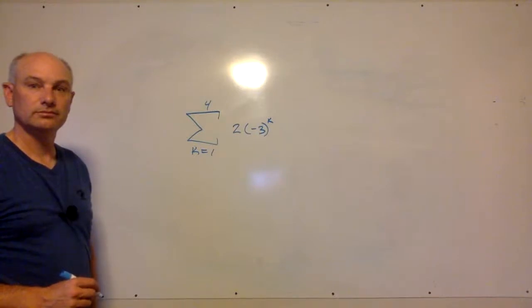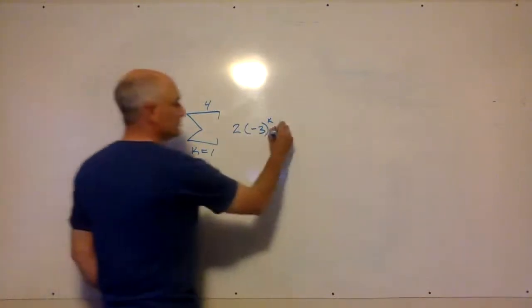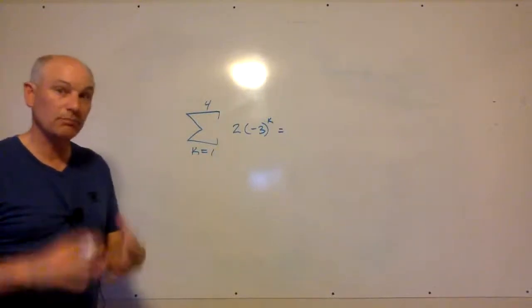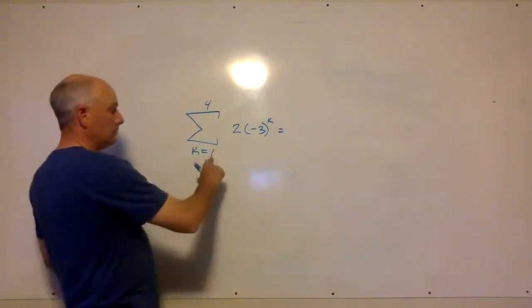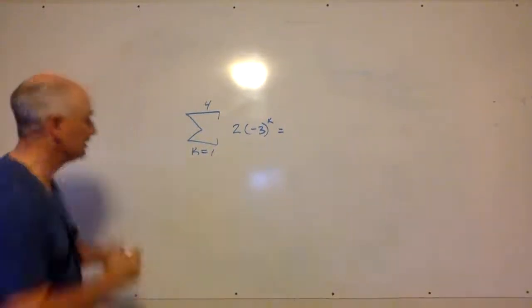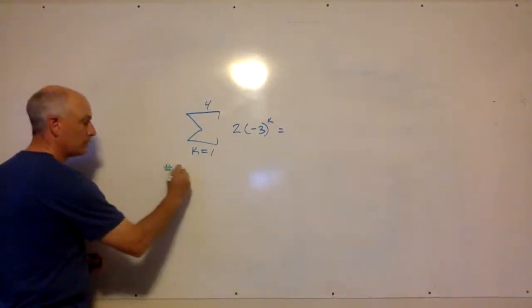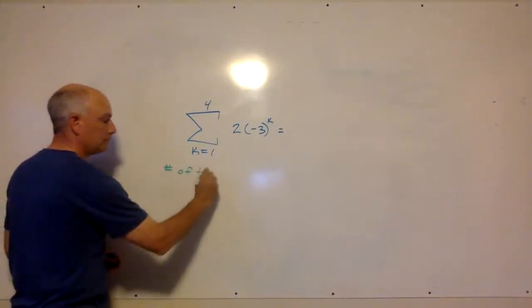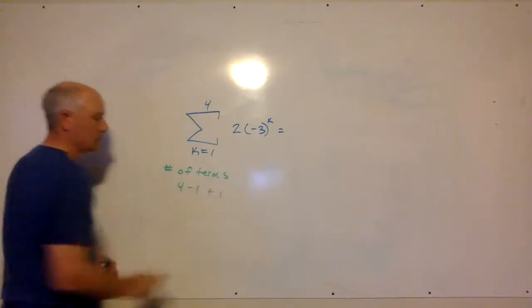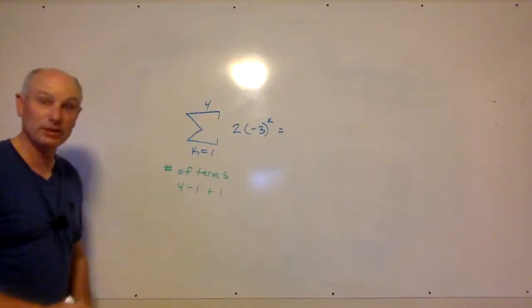All right. Here we go. So if I take the time to write out my terms, which is always a good thing, make sure that I've got it all, putting in values from 1 to 4. So again, the number of terms will be 4 minus 1 plus 1. Again, top minus bottom plus 1.